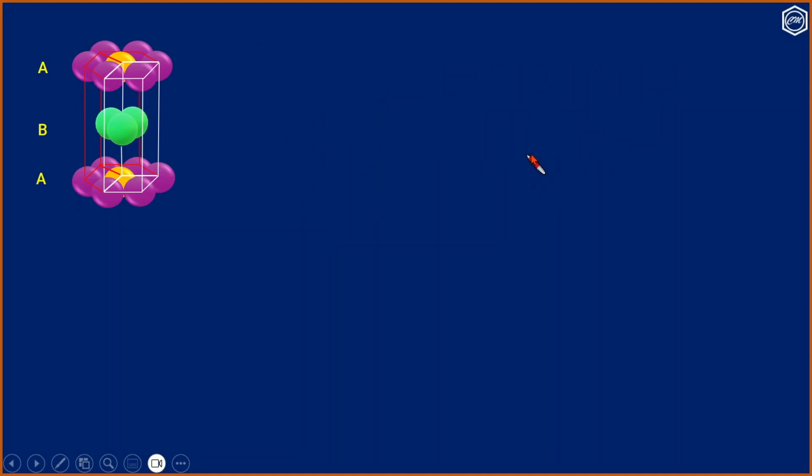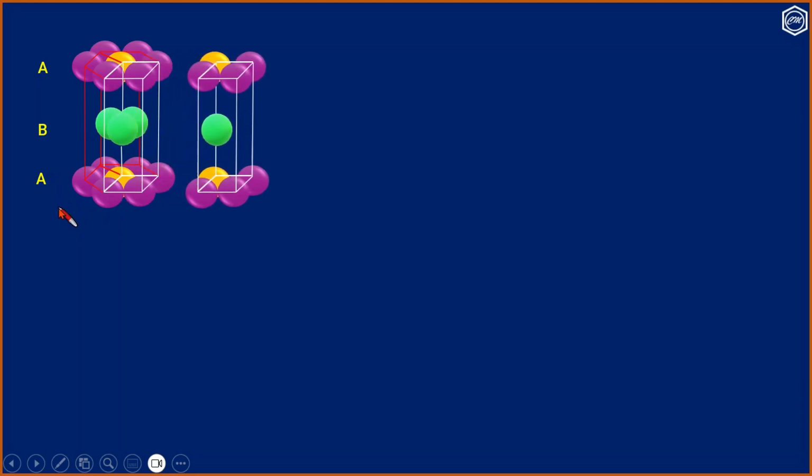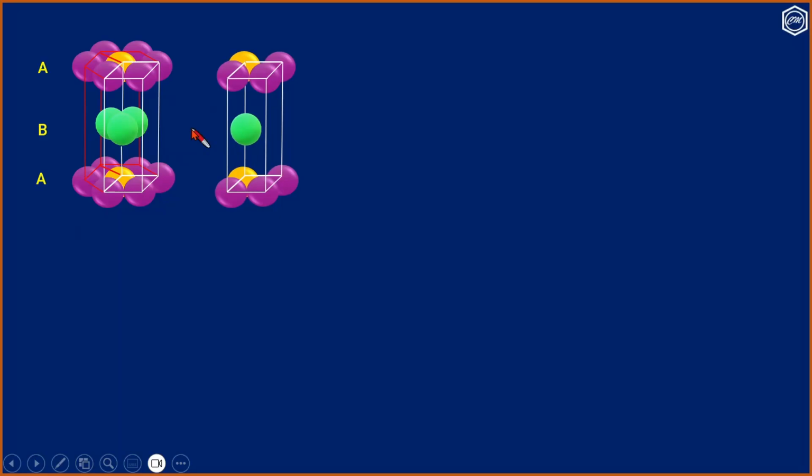Let us see. So this is the hexagonal prism, that is a unit cell for HCP, close packing. Now I separate one unit cell, this is one unit cell actually, from this. Now if I place the atoms closely spaced, you will get this one.